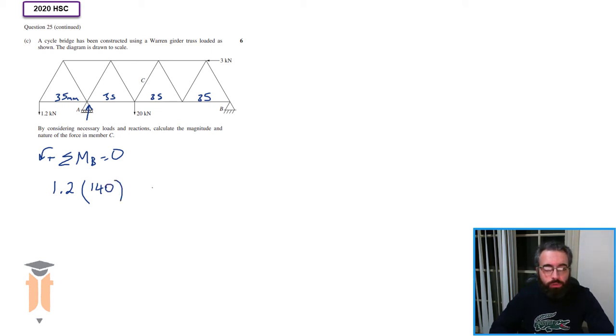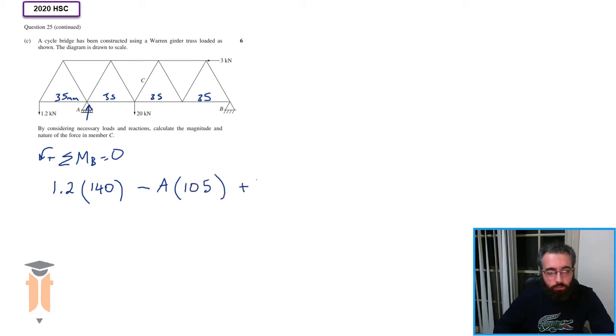Then I've got the force at A. Now, before I go through that, the reason why I've got 1.2 times 140 as positive is because it's traveling in an anti-clockwise direction, and I've assumed anti-clockwise as positive. Then I've got the force at A, which will go in a clockwise direction, so it's going to be minus A times 35 plus 35 plus 35 is 105.